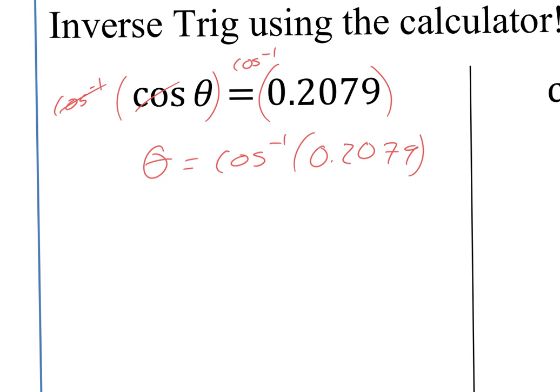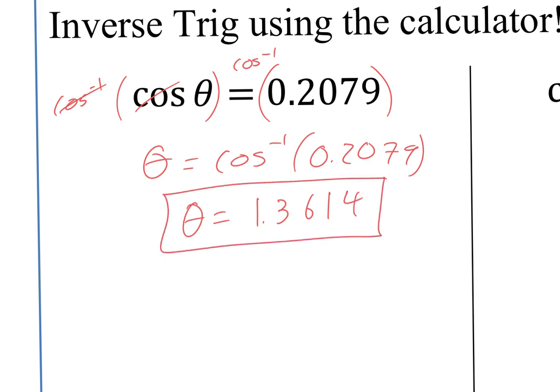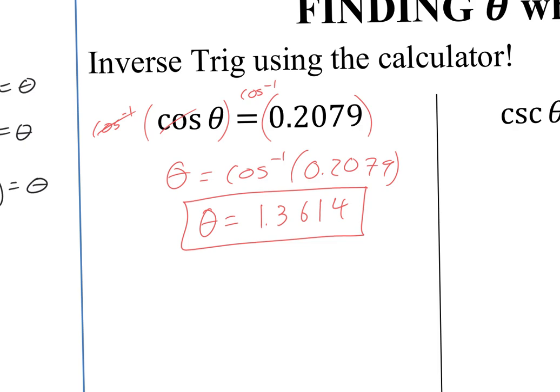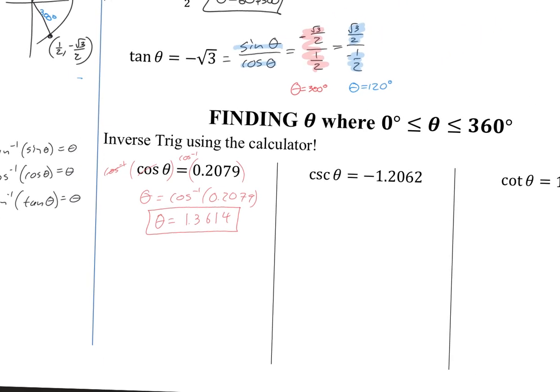Let's just plug that into our calculator. And we end up with theta equals 1.361, and we're going to round this to 4 places. So theta is 1.3614.